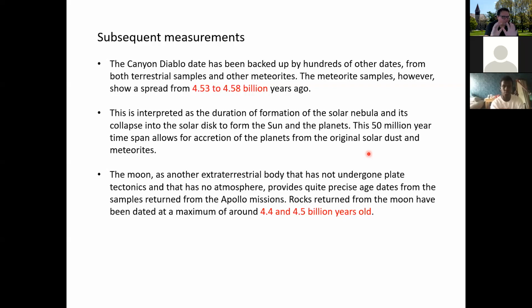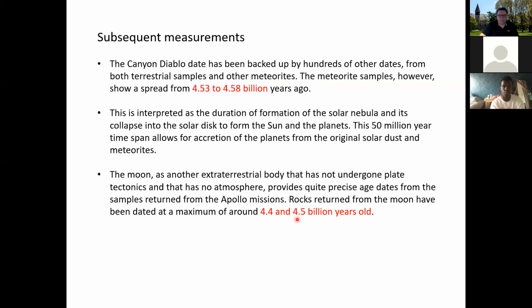It doesn't have plates. It just has some volcanism and no evidence of plate tectonics or subduction or things like that. And basically, the assumption was that we could test this hypothesis by looking at samples returned from the Apollo mission, and if we got the same age as Claire got originally, we would be able to verify that this age is correct.